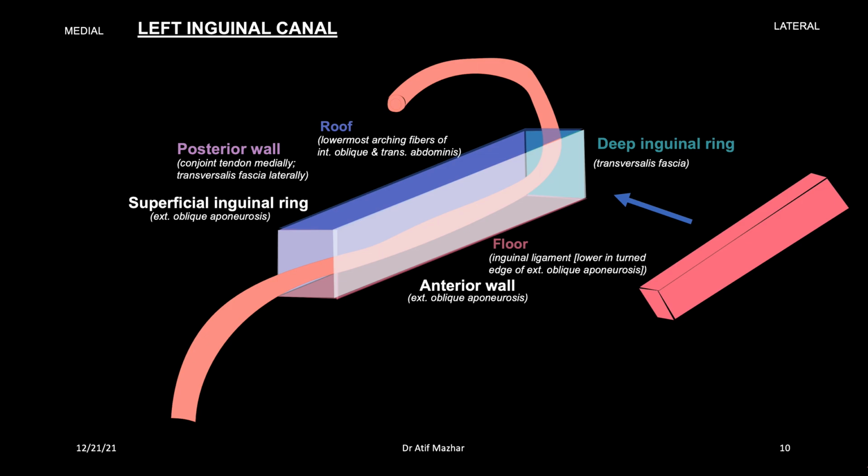From these seminal vesicles there are ducts known as the ejaculatory ducts, and these ejaculatory ducts open in the prostatic part of my urethra, and then at the time of ejaculation, the prostatic fluid along with the sperm, all of them are pushed out as semen.